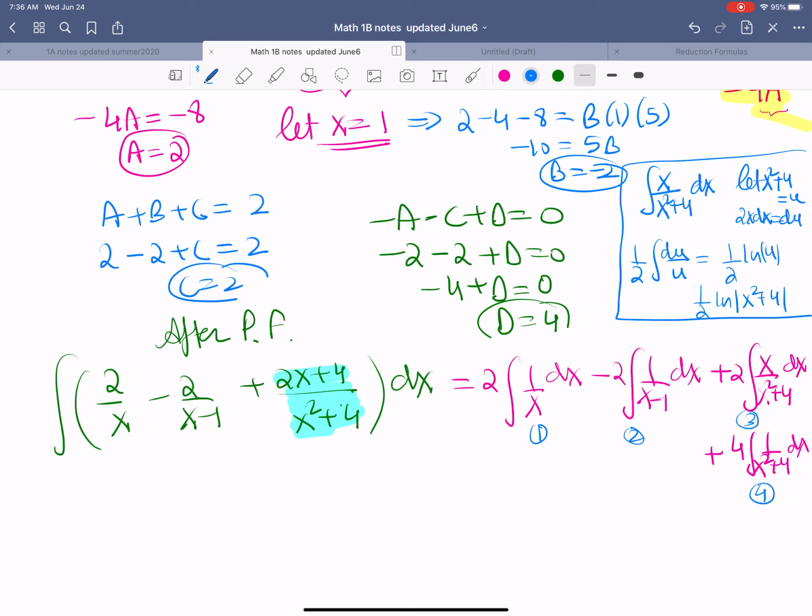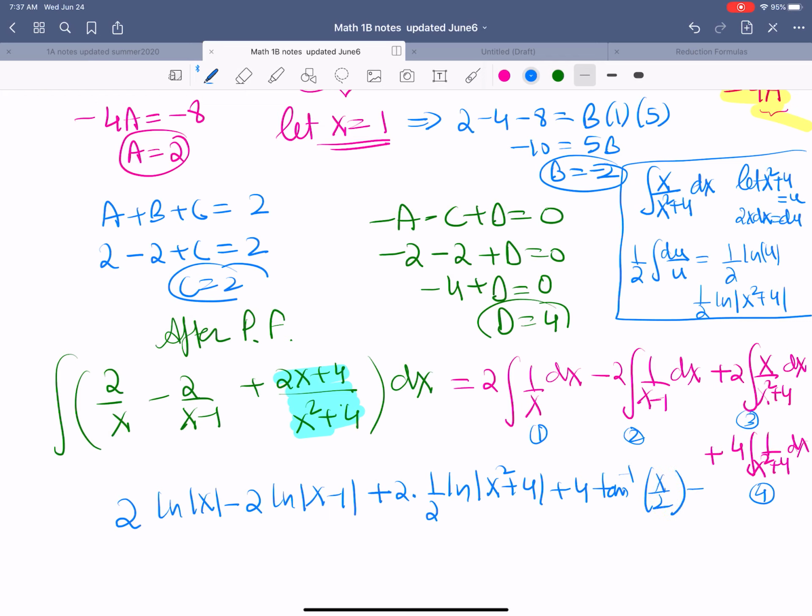All right, so let's go ahead and evaluate these integrals. It's going to turn out to be 2 natural log of x minus 2 natural log of x minus 1 plus 2 times 1/2 natural log of x squared plus 4. And the very last one is tangent inverse. 1 over x squared plus 4 would be tangent inverse x over 2.